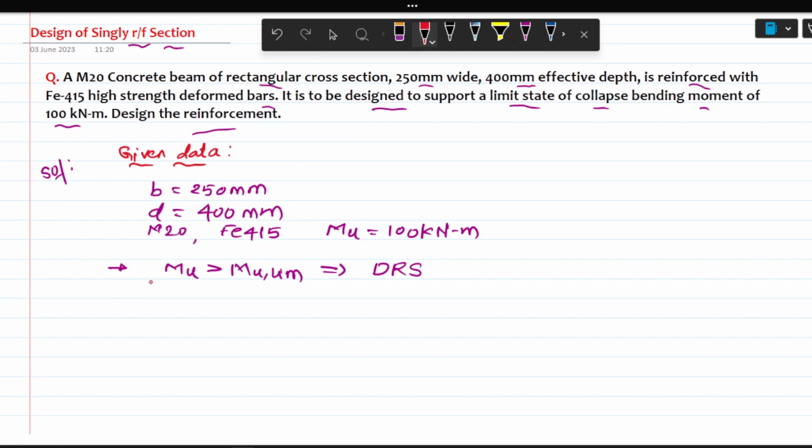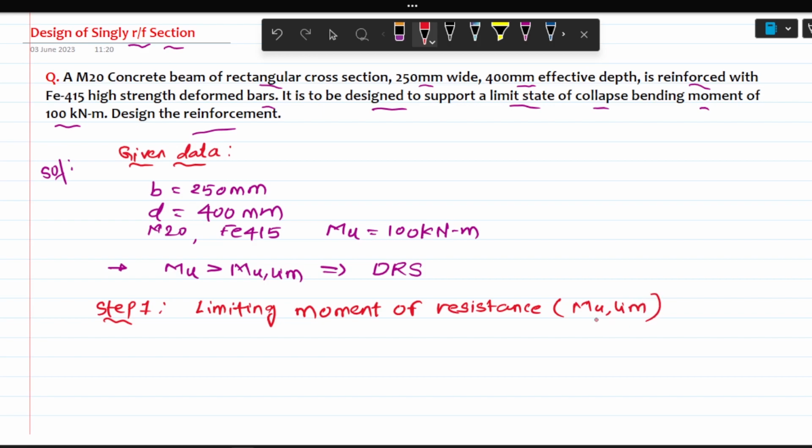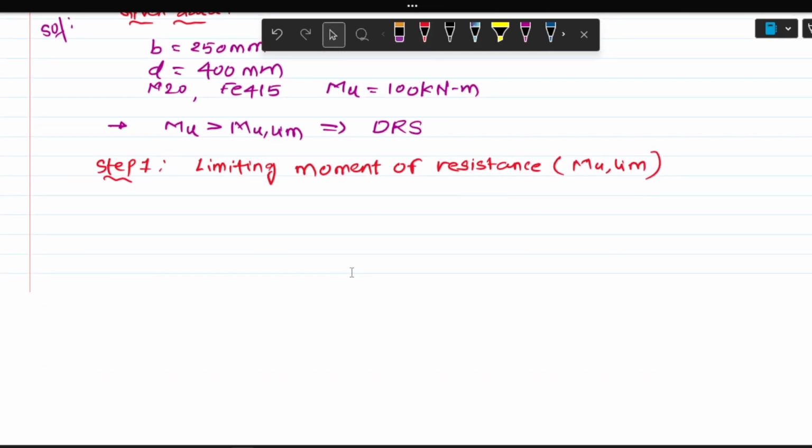Okay, I am writing step 1, that is the limiting moment of resistance, Mu limit. Let us calculate the limiting moment of resistance.